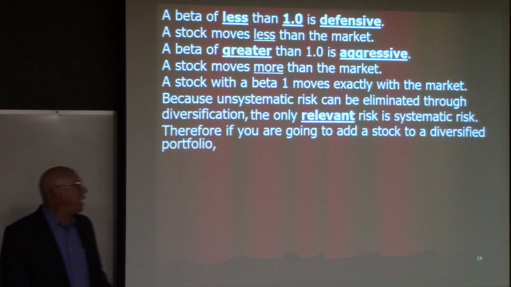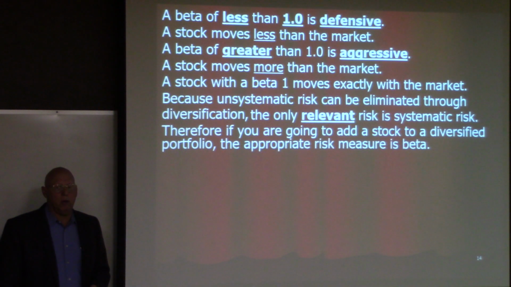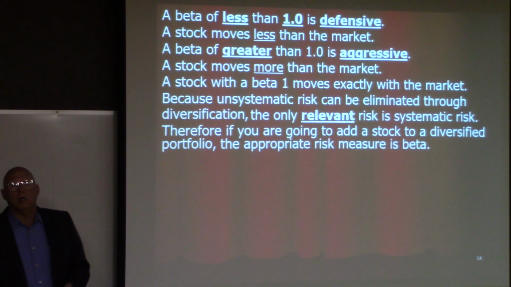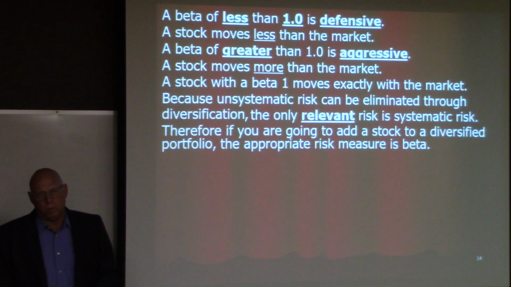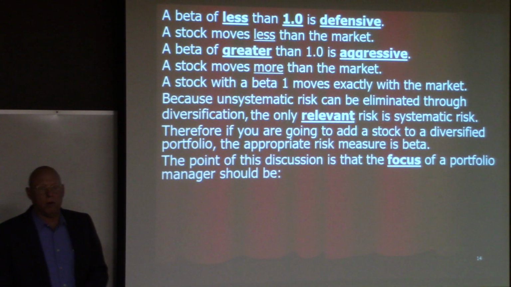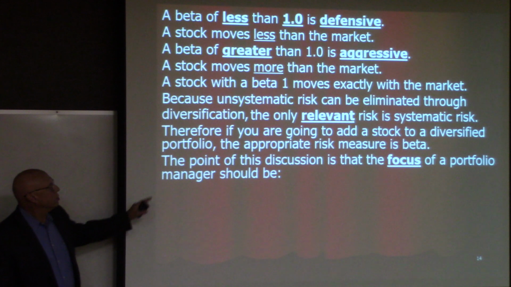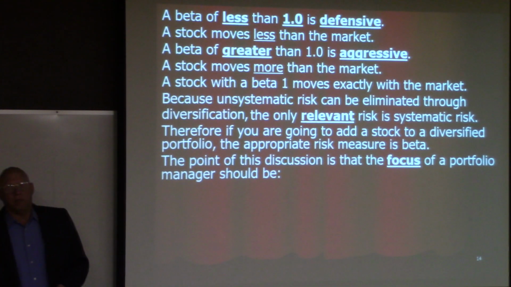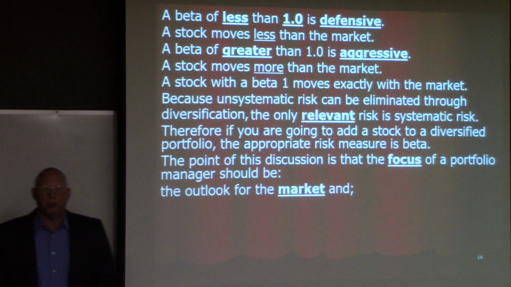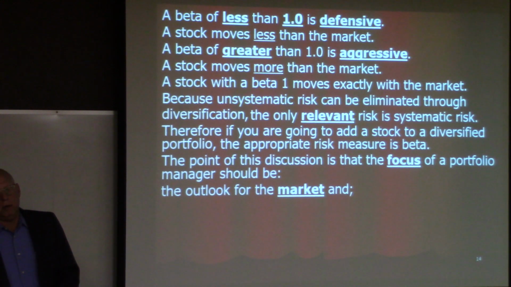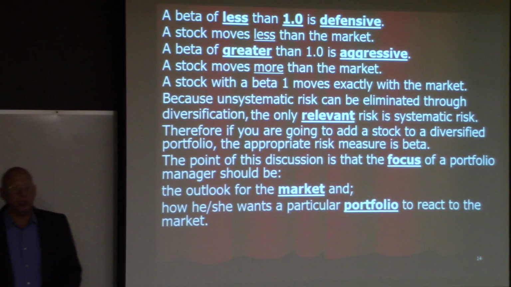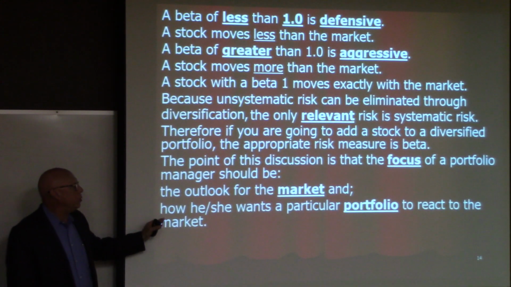So if you're going to add a stock to a diversified portfolio, the appropriate risk measure is beta. The point of the discussion is that the focus of a portfolio manager should be the outlook for the market and how he or she wants a particular portfolio to react to the market.